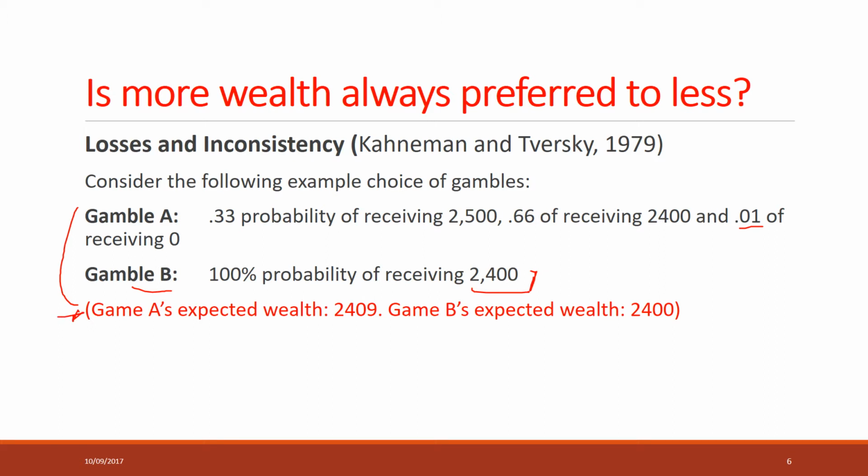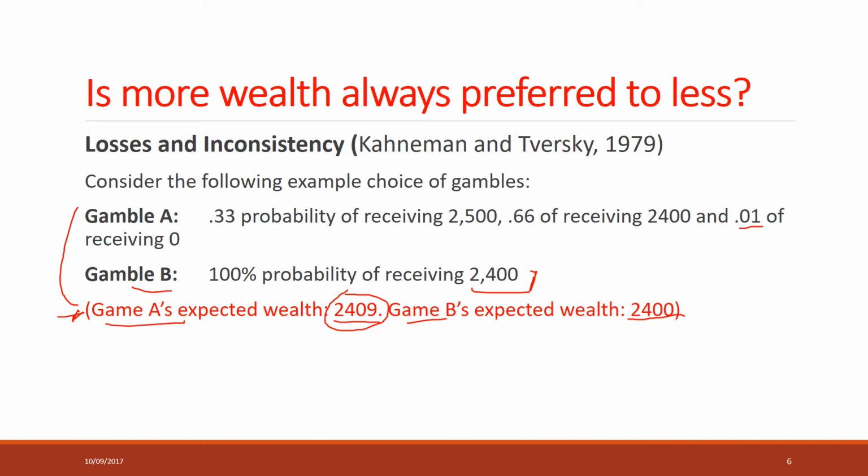So if we work out the expected wealth of the two options, we'll find that with gamble A, the expected wealth is 2,409, whereas for gamble B, the expected wealth is 2,400. Right. So this is just the weighted average outcome of the two options. Yeah?